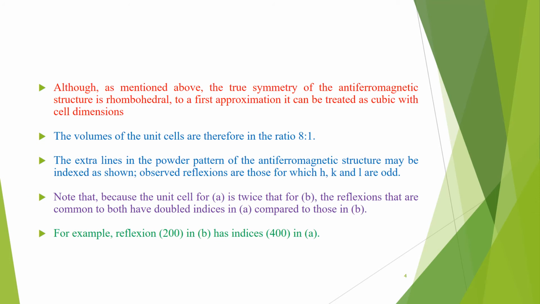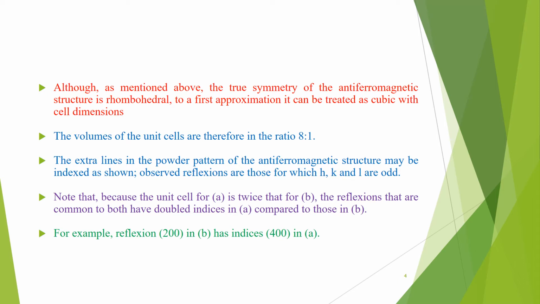The comparison of the above figures A and B shows that below the Néel temperature, extra lines appear in the neutron diffraction pattern. These extra lines are associated with the antiferromagnetic superstructure.